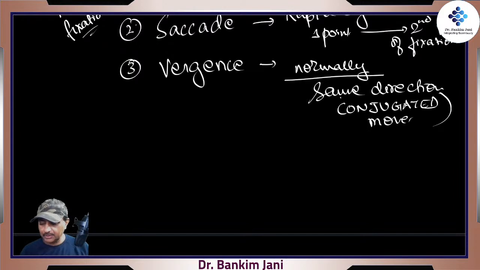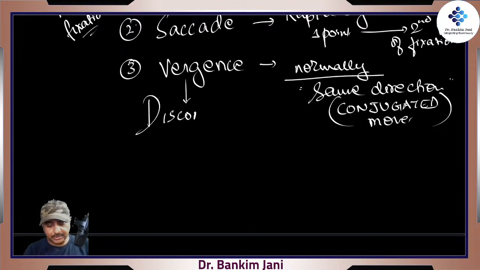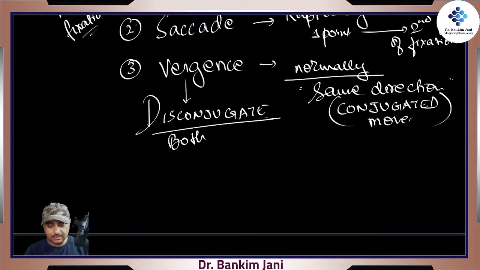This is when both eyeballs go on one side and both eyeballs go on the other side, same direction. But when they are going in different directions, that is called the disconjugate movement. You want to see that? Very easy. Both eyes, different direction.